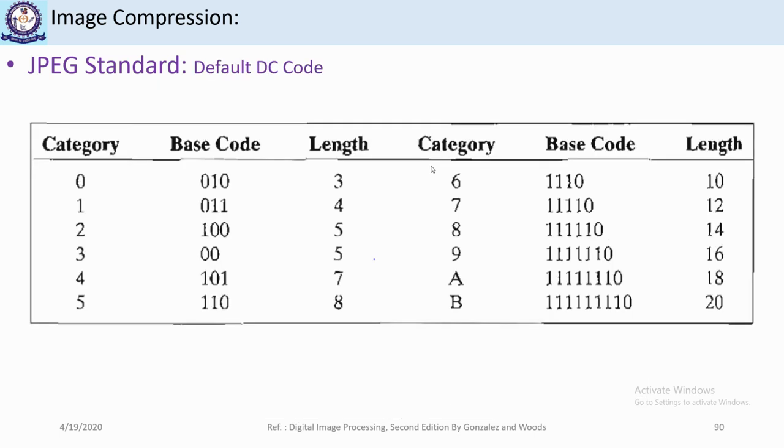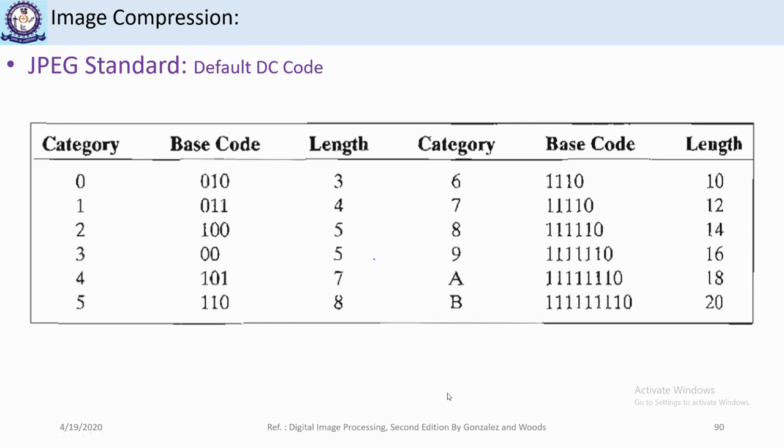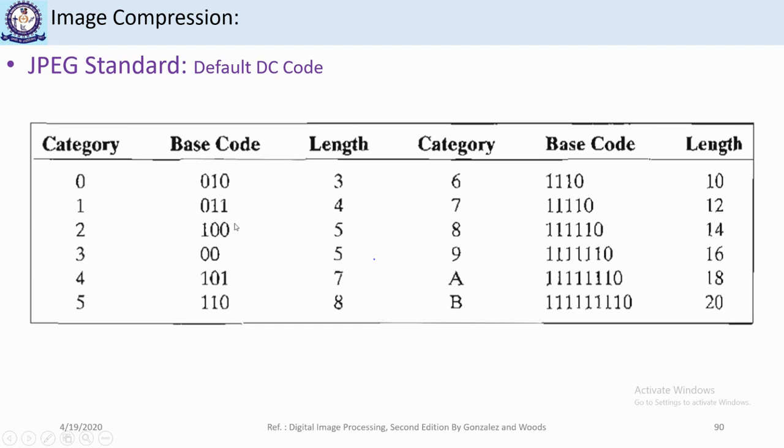After getting the category of the DC and AC coefficients, what do we do? Based on the category, since here we have a total of 0 to F categories for the DC code, here 0 to B categories are given. For this we have the base code and the length of the code.